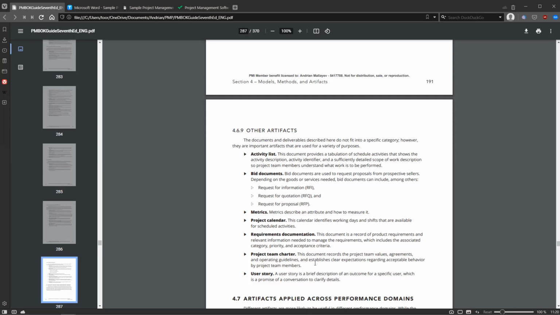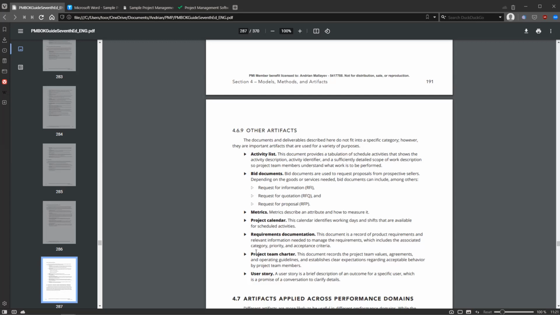Metrics is basically how to measure separate items of the project. Project calendar is essentially an easier overview of work breakdown structure and project schedule. And specific requirements documentation might have just separate document listing requirements for the project. And project team charter is also optional. It's basically to keep track, not of all the stakeholders, but just of the project team.